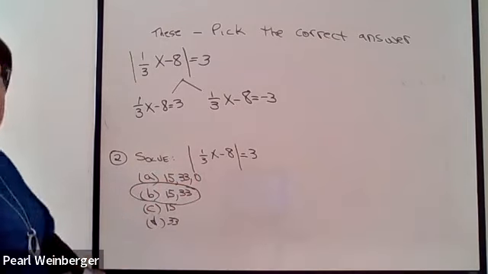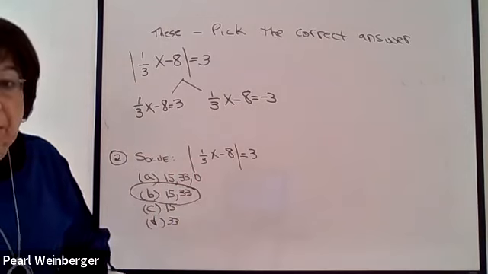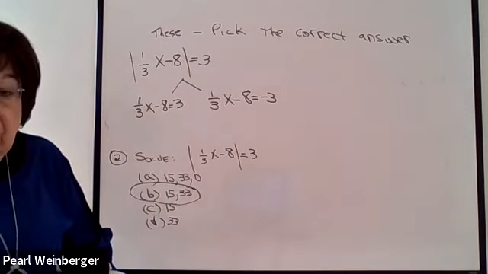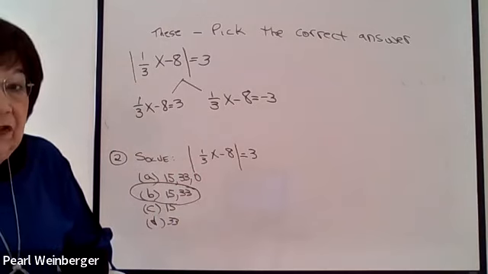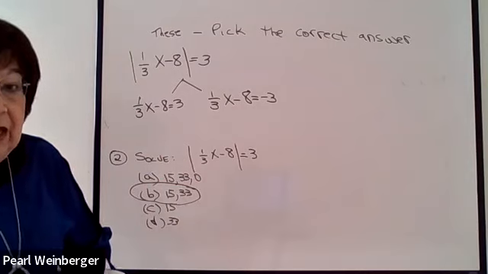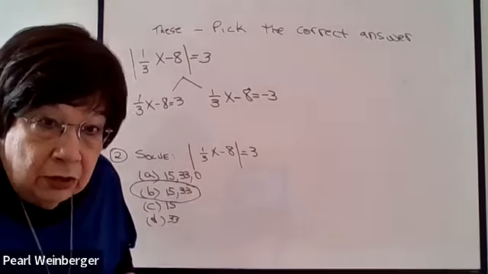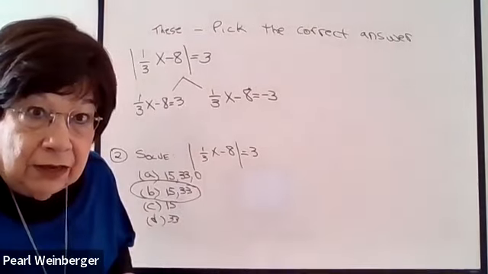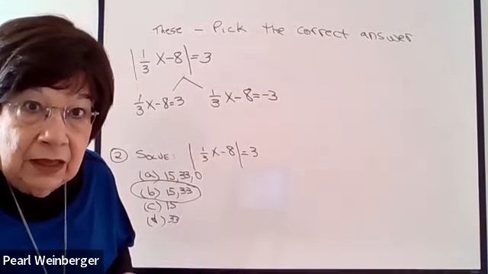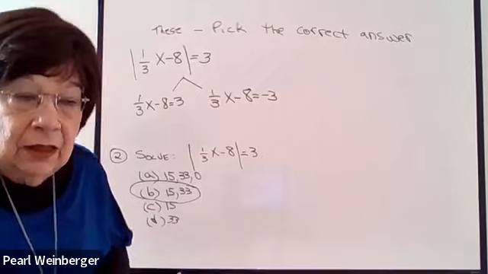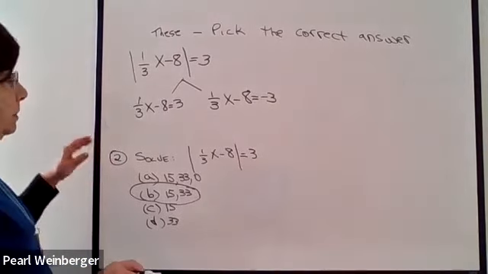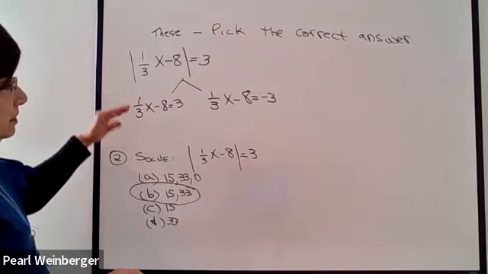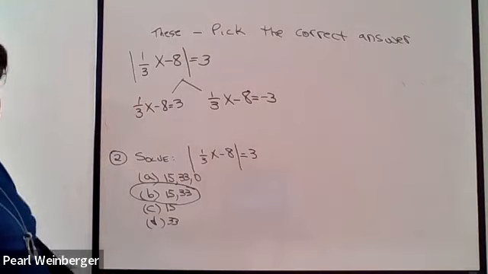So that must be the right choice, choice B. If you only came up with one solution, even if that number is correct, it's not the total solution, so therefore it's not a correct answer.